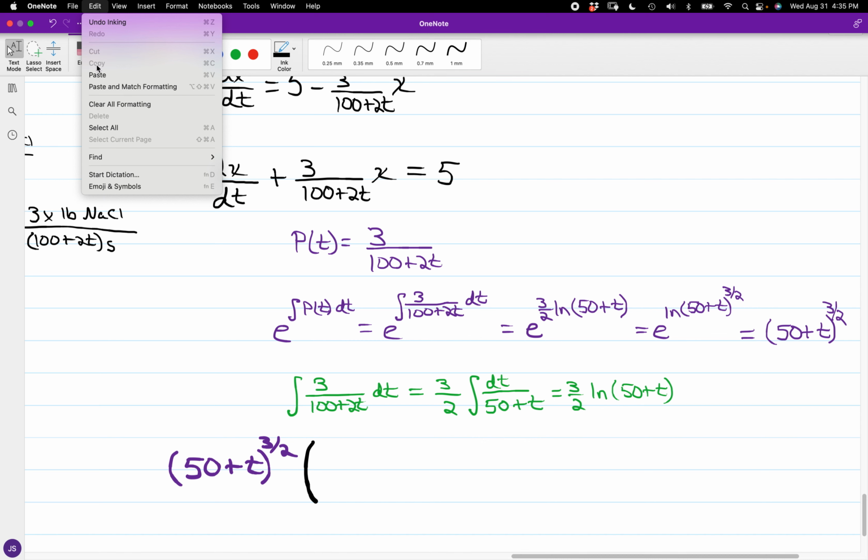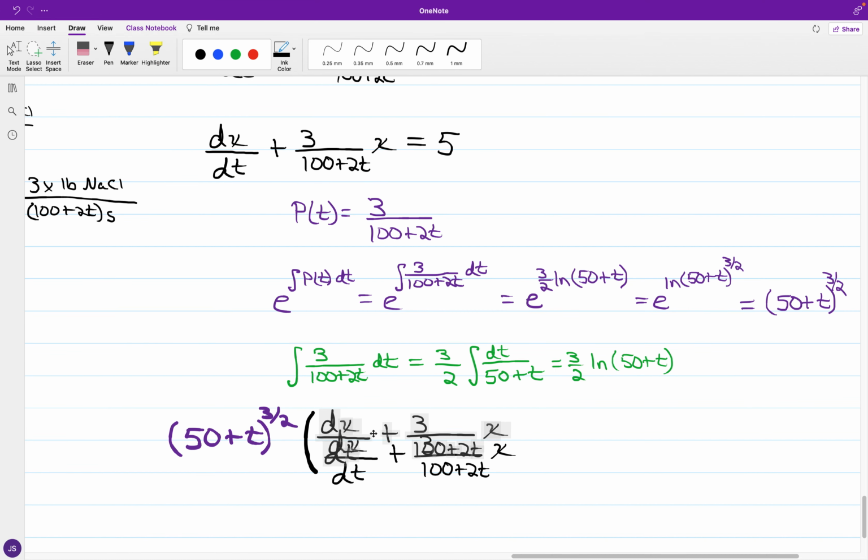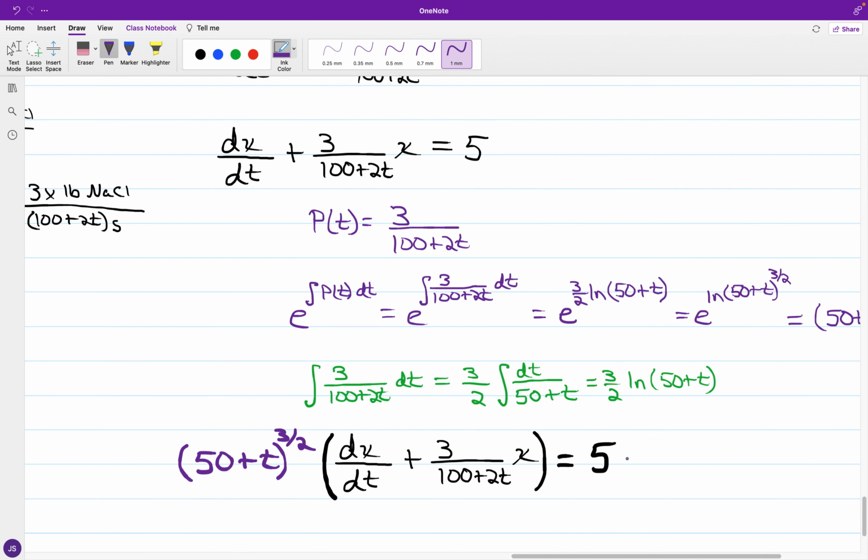And again, do not worry about distributing. And again, we have is equal to 5, and we have times the quantity of 50 plus t raised to the 3 halves.